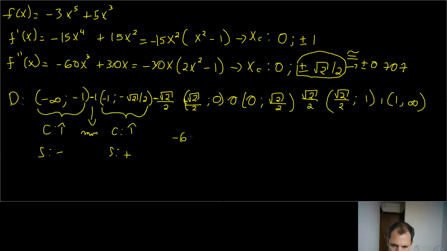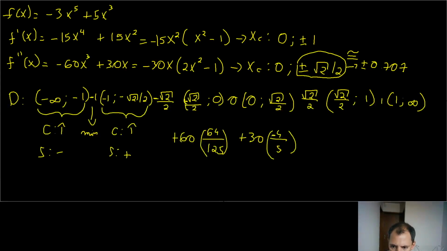You have minus 60 times 4 divided by 5 cubed, so it's 64 divided by 125, plus 30 times 4 divided by 5. Actually, it's minus 30 times 4 divided by 5. Since it's minus 4 divided by 5, with this negative, this is going to be a positive, and here this is going to be a negative.